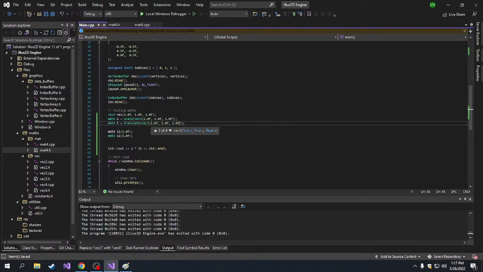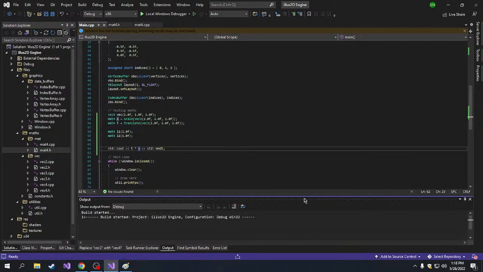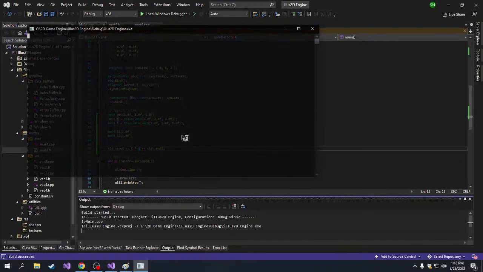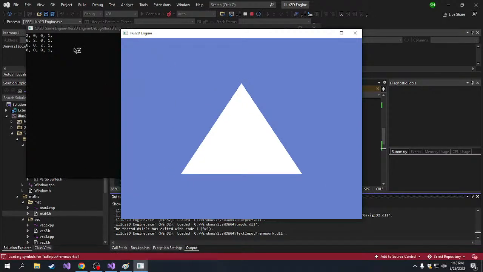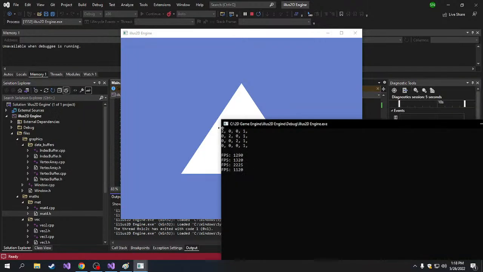And if I have to do so, we should read it from left to right. So scale first and then translate. Okay, cool. Fingers crossed, hopefully we get the required matrix, and we do. Awesome. So we have the combination of the scaling matrix in the diagonal and the translation matrix on here.